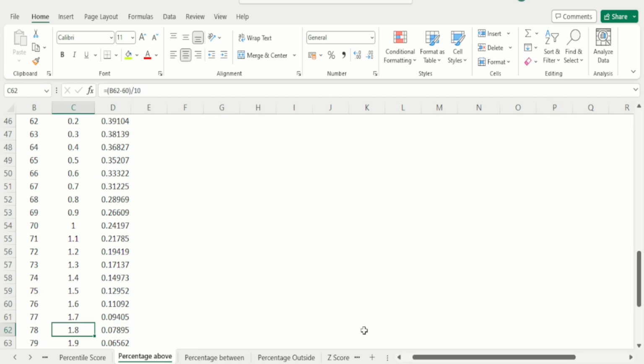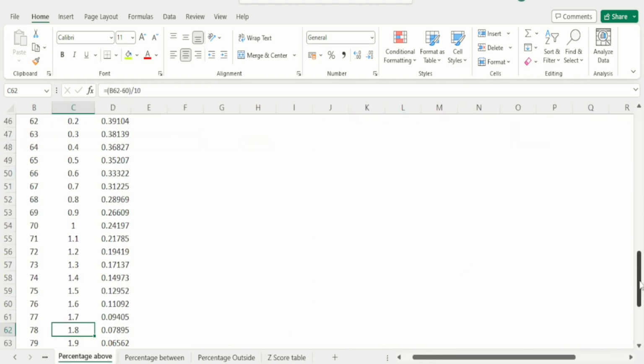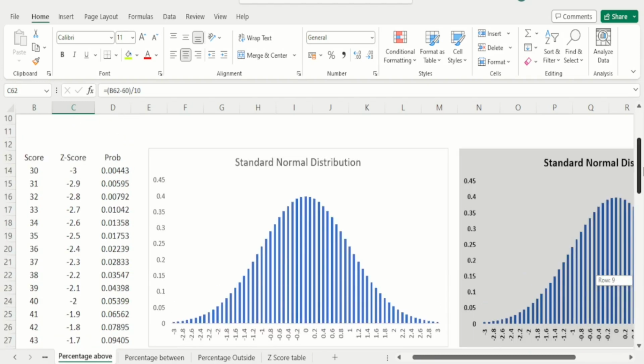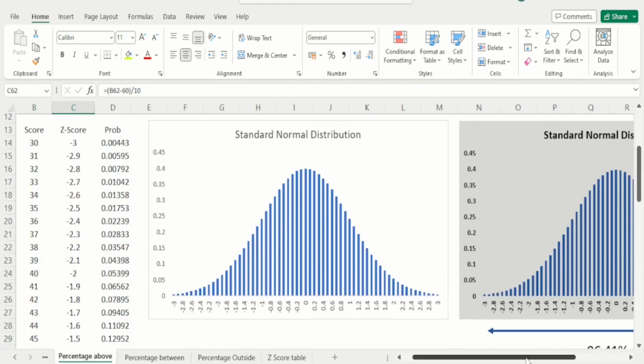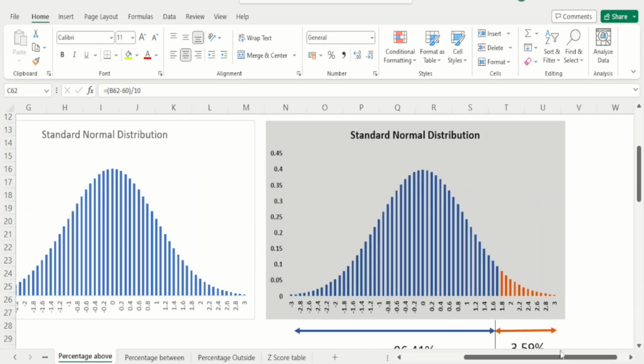For 1.8, if you go to the z-score table, it is 0.96407 as mentioned there, basis which you can now understand that the dividing point on this data distribution is again going to be 1.8. So in this example, we are being asked to calculate the percentage of data points above.